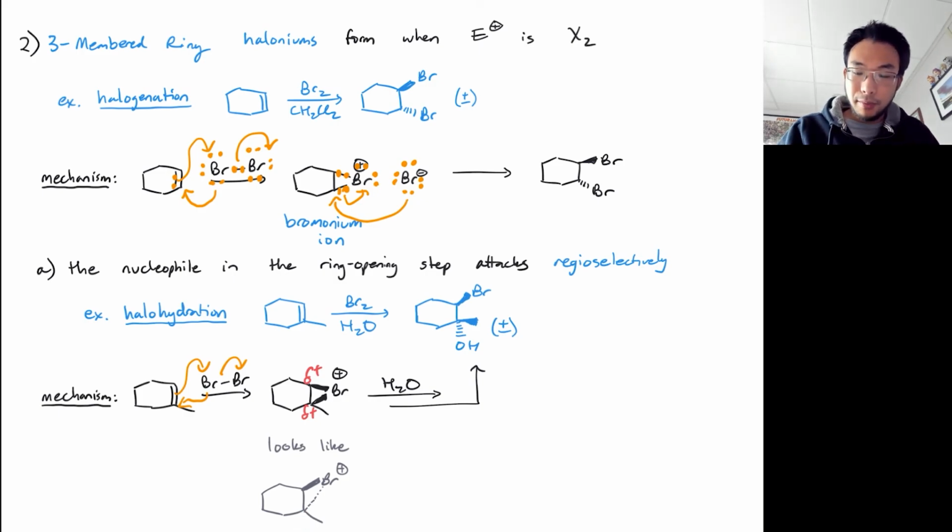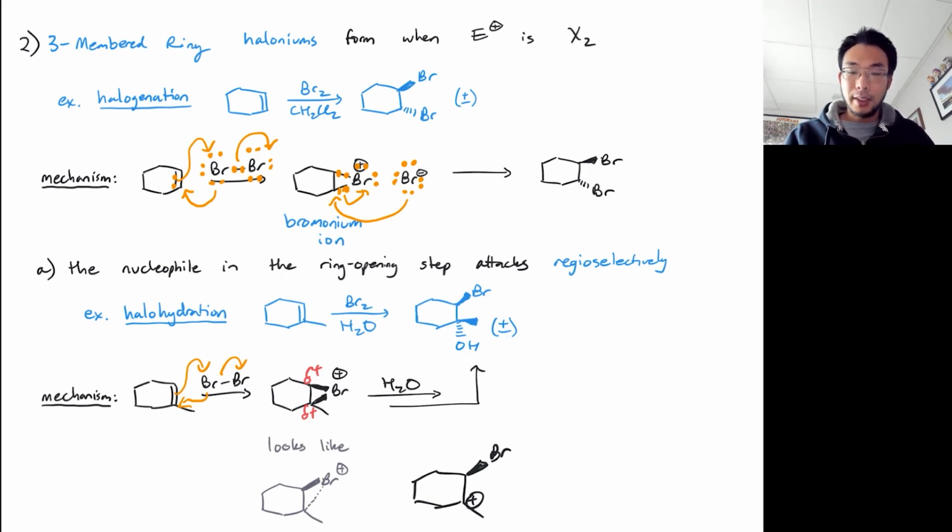So you can almost think of this as being somewhere between a structure that looks like this and here, right? So it's not really a resonance form, but we're thinking about the fact that we're somewhere halfway in between this, right? And so what that results in is this lengthened bond where there's some amount of positive charge on this carbon that makes this carbon more electrophilic. That means that the nucleophile is more likely to attack here, getting us to our major product.